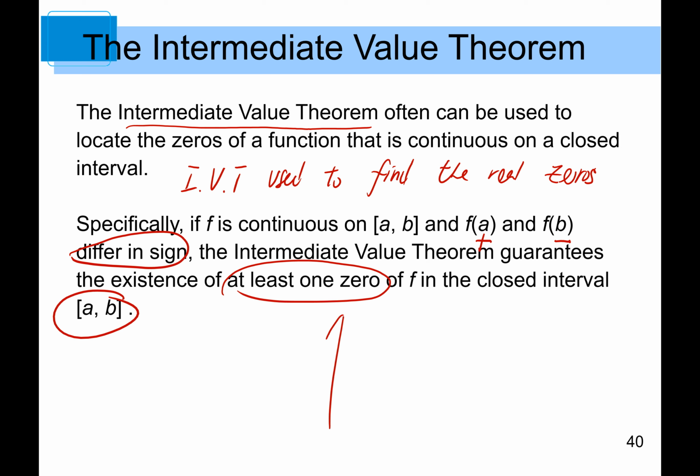Let's say we have a function going from a negative sign to a positive sign. Then you see there's a zero here, right? Let's say this is negative 2 and this is positive 2, and that's the real zero here.